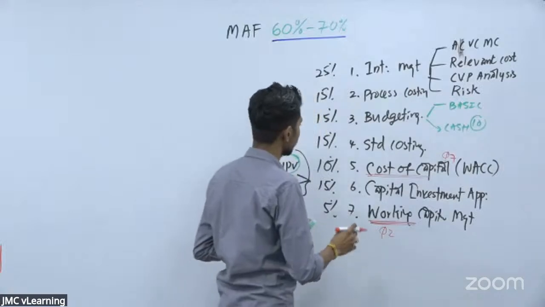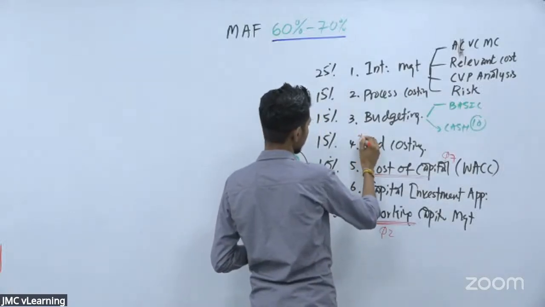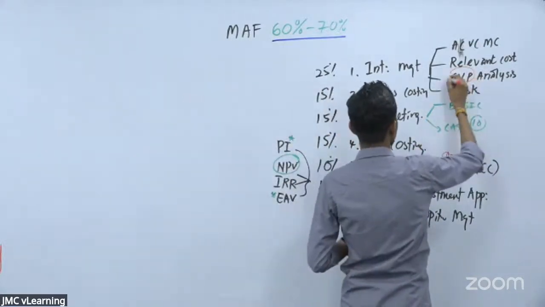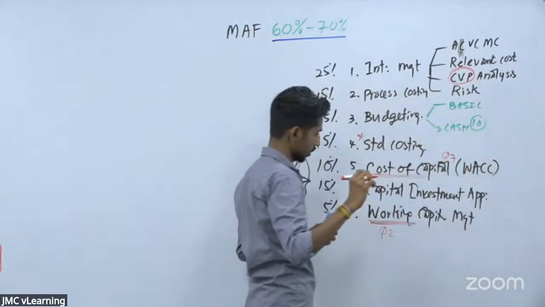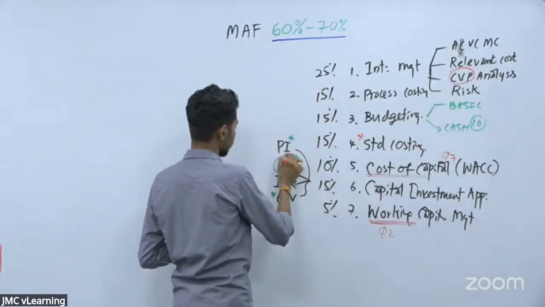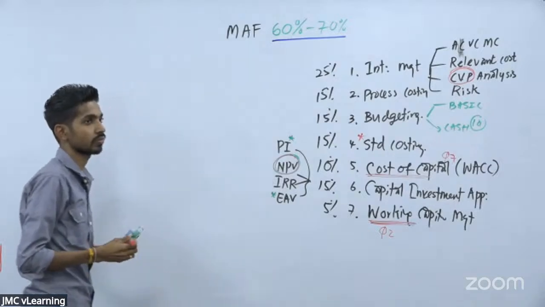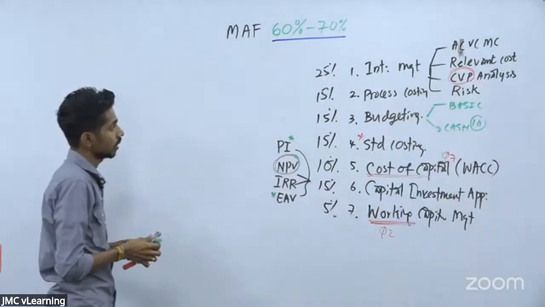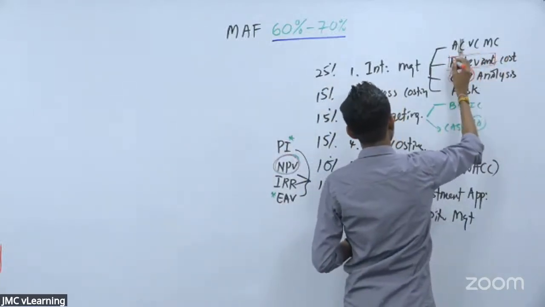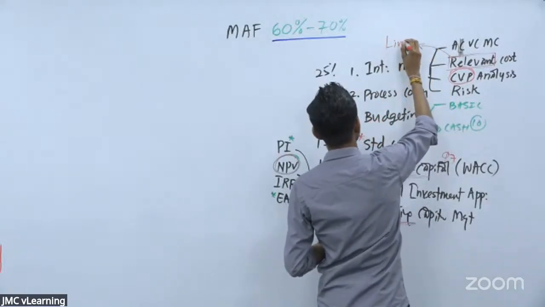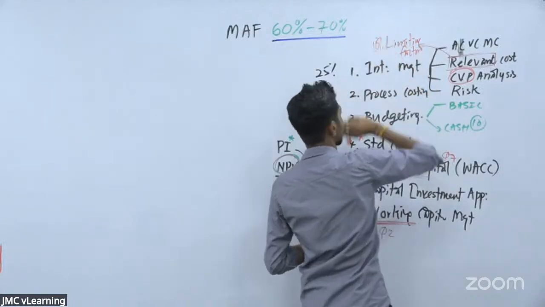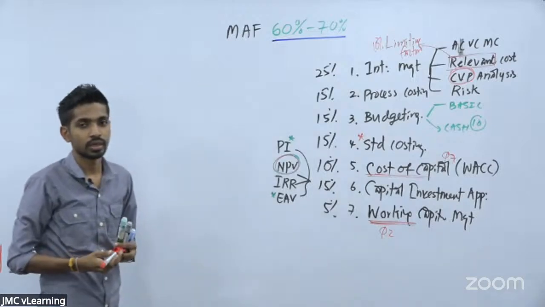Thereafter, today I will also discuss the standard costing question, the CVP question as well, and not only that, the capital investment appraisal, that is the NPV, net present value question. Other than that, relevant costing. Under relevant costing, I will select limiting factor analysis. This time, 10 marks, that is 10%, will arrive.